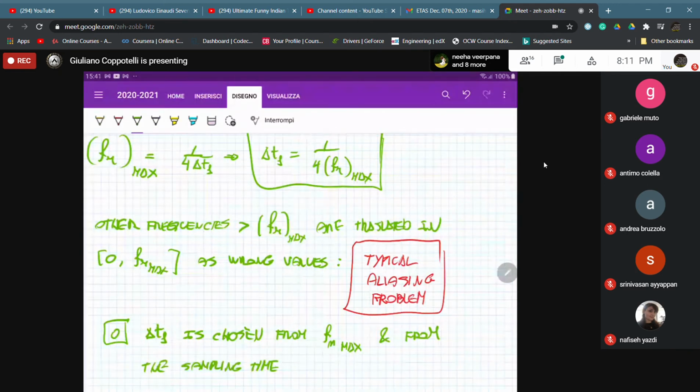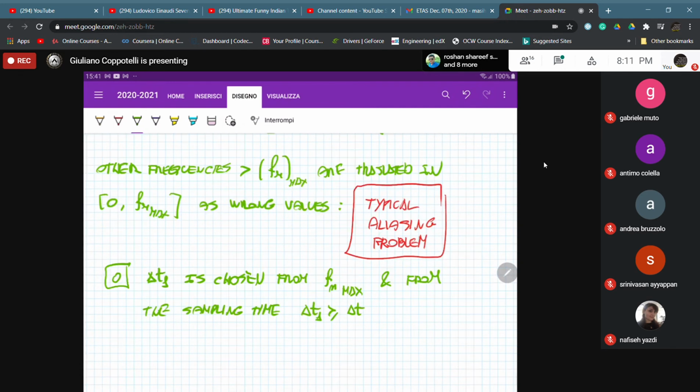Generally, of course, your delta T1 is larger, sometimes equal to delta T, but it is preferred to have it larger than the sampling time.